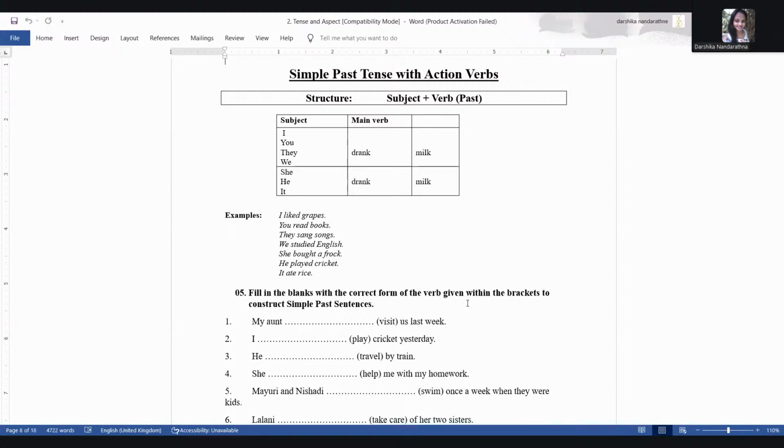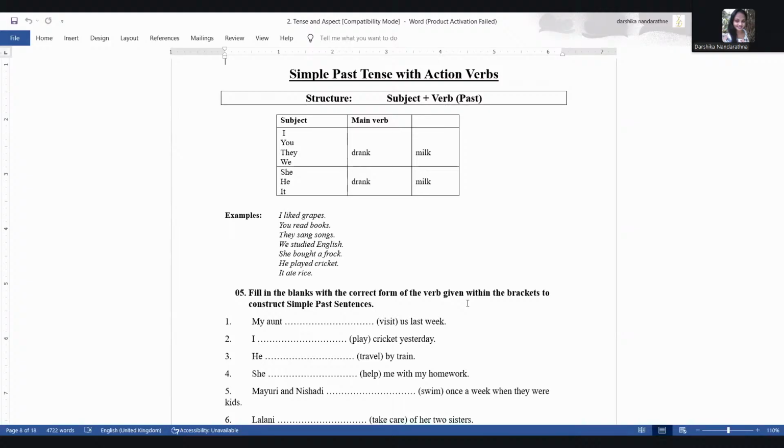Pay your attention to example sentences. I liked grapes. You read books. Read, read. Read is the past form. Same spelling but different pronunciation. Okay? They sang songs. Sing, sang. Sang is the past form. We studied English. Study, studied. That is the past form.